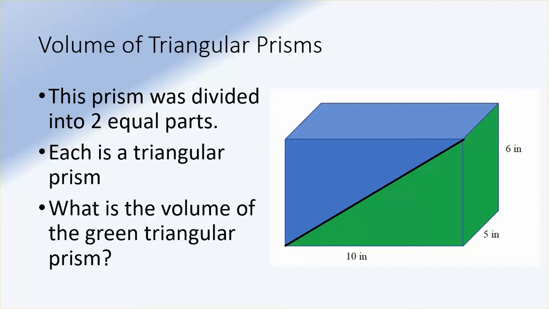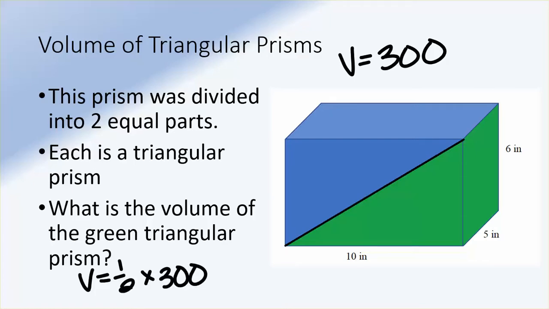So if the volume of the entire box was 300, the volume of just the green prism would be half of that. So I can take 1/2 times 300, which means that my green triangular prism has a volume of 150 inches cubed.